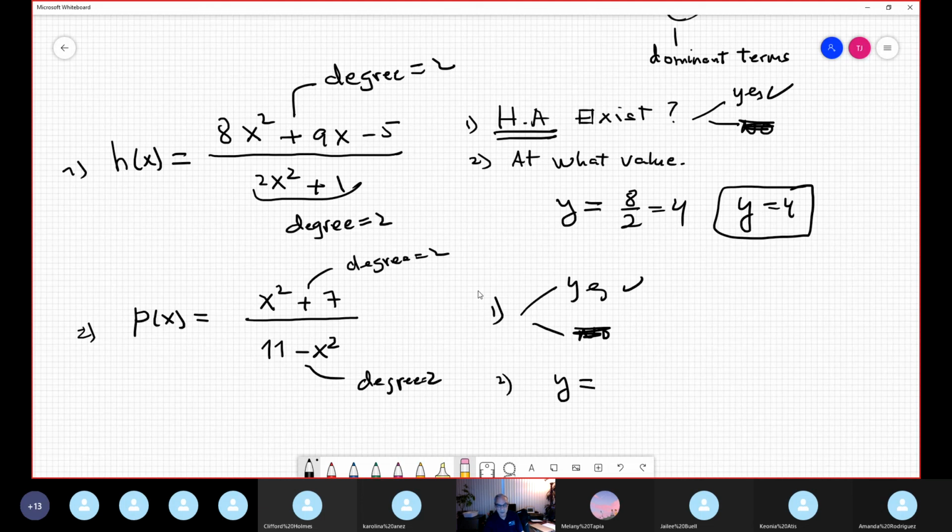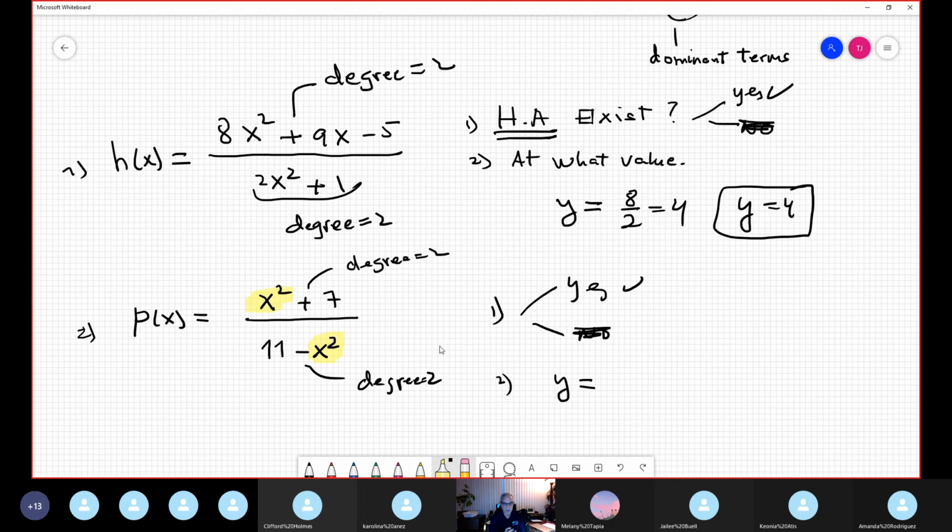What is the dominant term? Go ahead, answer me. What is the value of the horizontal asymptote? Remember, what is the dominant term? This is the dominant, and this is the dominant. I put them in a different order to confuse you, because I need to train you to see that.